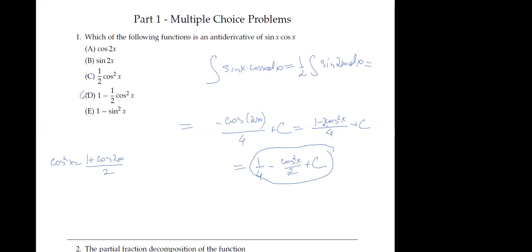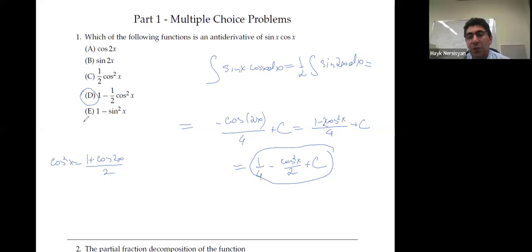D, when C is 3/4. Yes, exactly. When we choose C so that 1/4 plus C gives 1, this is the correct answer. So this is the antiderivative.